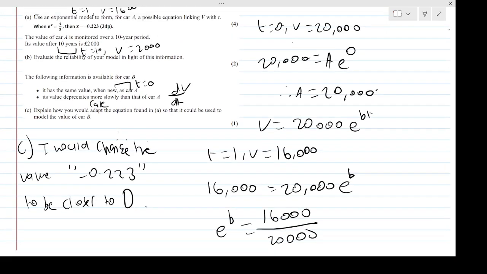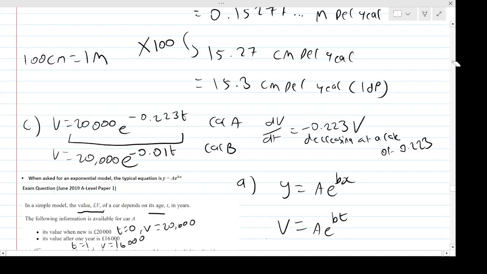But I don't want to overcomplicate it. Pay attention to the wording: I said closer to 0. I do not want to say make it more positive. If you said to make the value more positive, then your rate maybe could be positive 0.223, which would then be increasing.